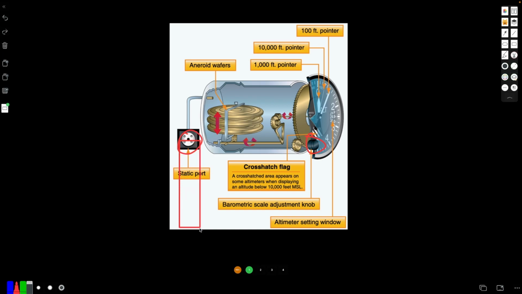Let's say this is a column of air. The altimeter has no idea what that column of air is doing, what the density of it is. It is only sensing the column of air above it, and that's important. So bottom line, the altimeter is not a thermometer, and it does not know what's going on below that.